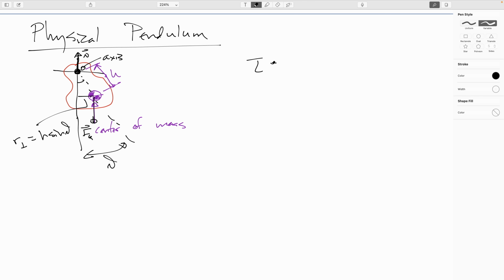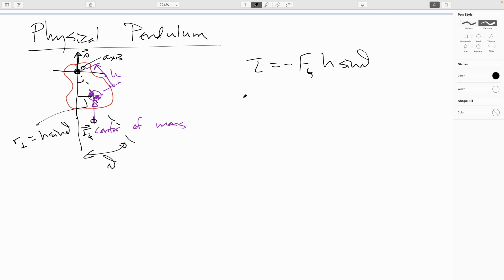So the torque that gravity exerts here, since I've twisted it counterclockwise, the torque will be clockwise, and so you have to have a minus sign. It will be minus mgh. Well, we'll say minus F_g. Then h sine theta is my lever arm.